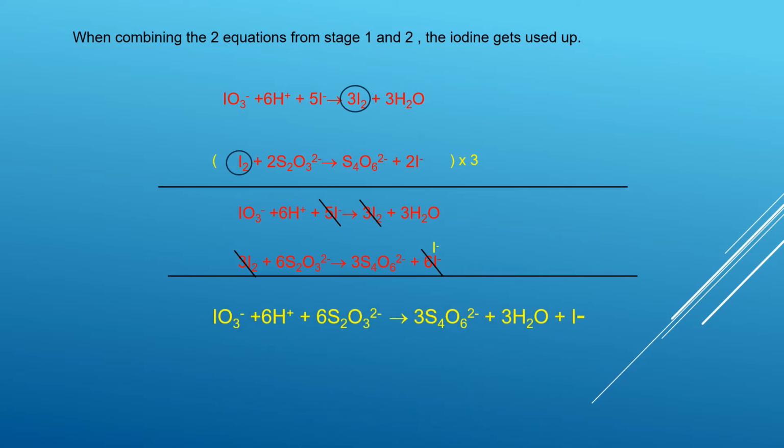So now let's look at our mole ratio between the two reagents. For iodate, what is happening to iodate? Iodate is getting reduced to I-.